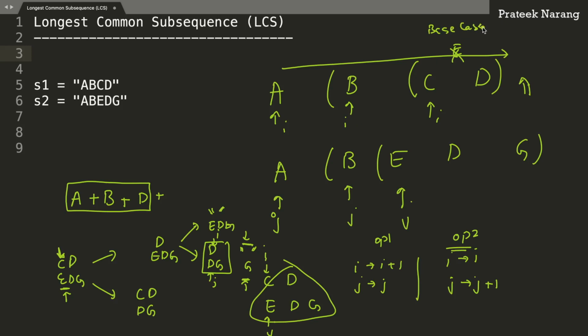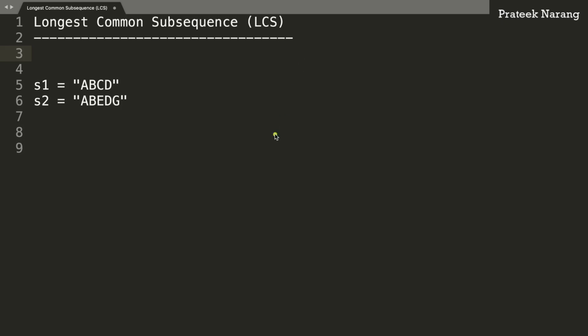So I tried to give you an intuitive idea here, but what we will do is try to write it in a better manner. Let us say f is a function that takes two strings s1 and s2, and it takes the pointers i and j. They're initialized with 0. So what we do, if we reach the end of a string, if i equals s1.length or j equals s2.length, in that case we should return 0, right?